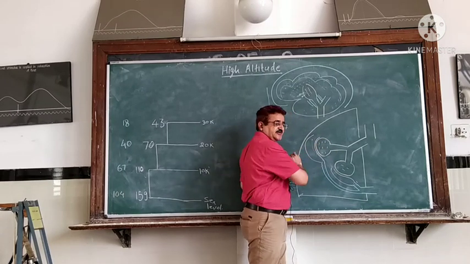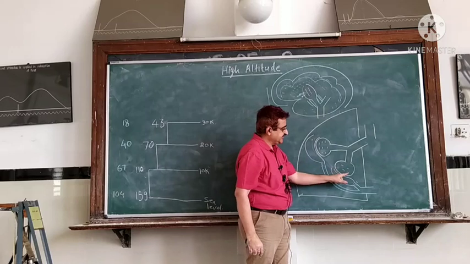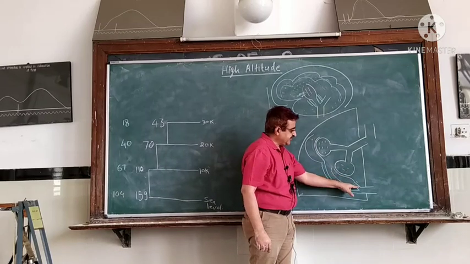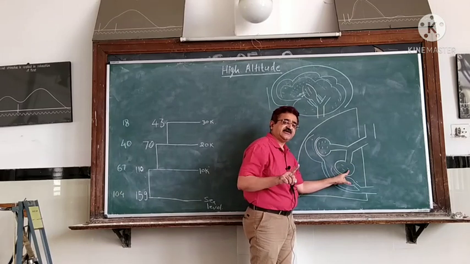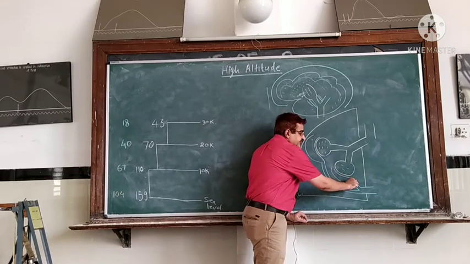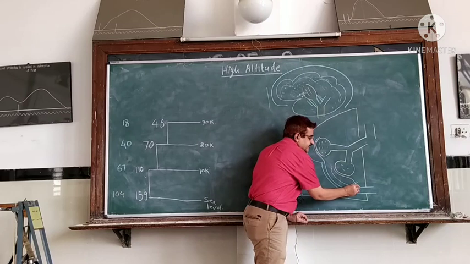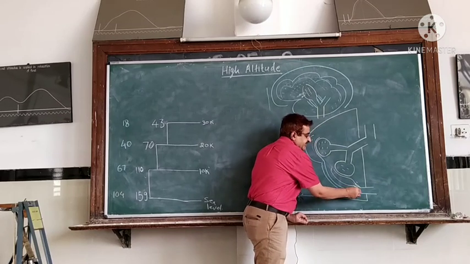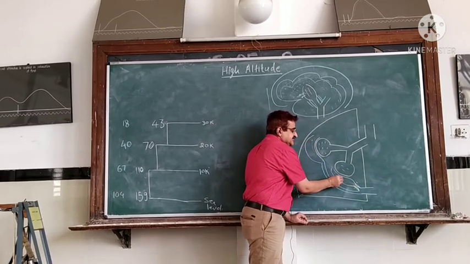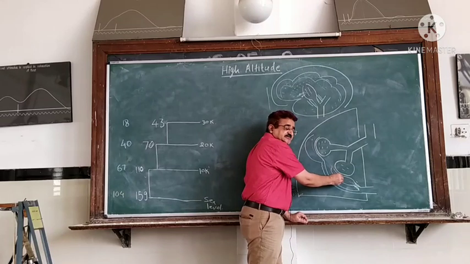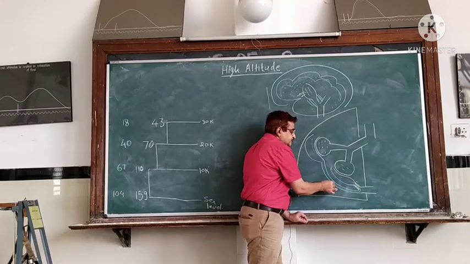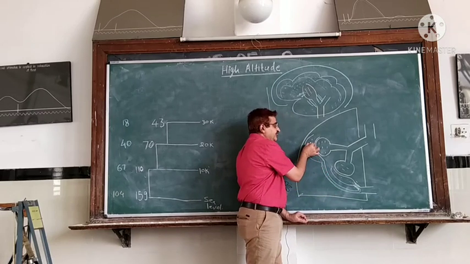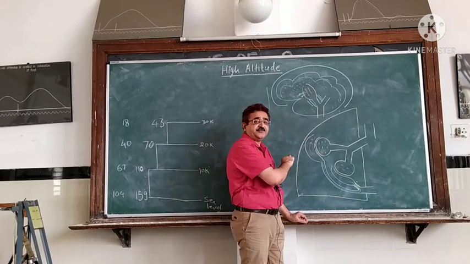So the arteriole next to the poorly ventilated alveolus undergoes vasoconstriction. Because of that, blood flow to this capillary is decreased. But that blood is then diverted through the other arteriole to the alveoli which are ventilated properly.